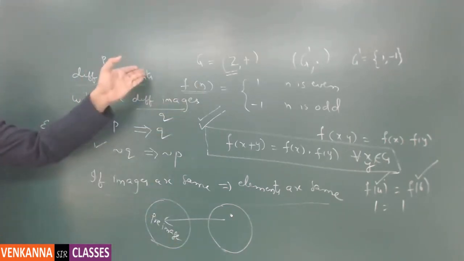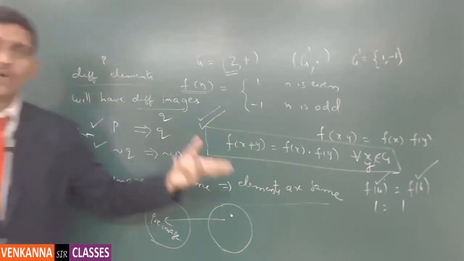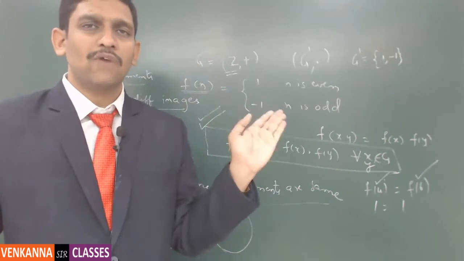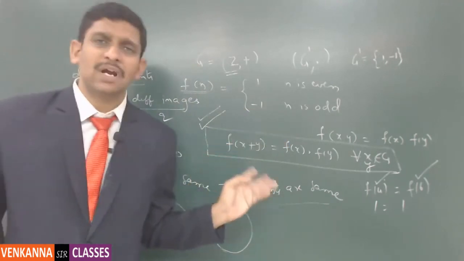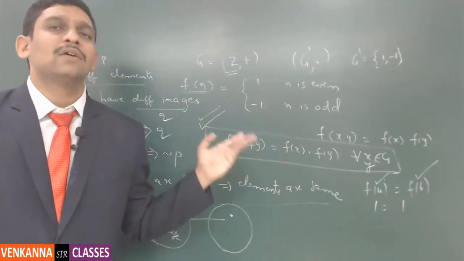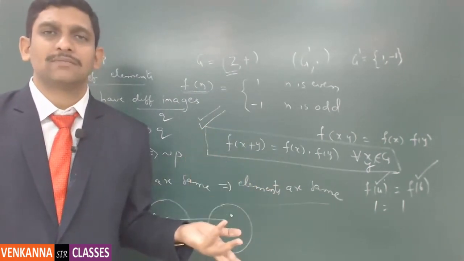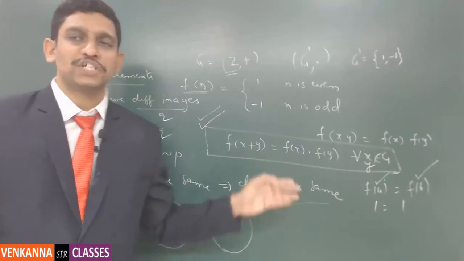Here so many preimages are there because the codomain contains only two elements, 1 and -1. So for 1, the preimage is nothing but so many even numbers. For -1, the preimage is nothing but so many odd numbers. So it is always an onto function.